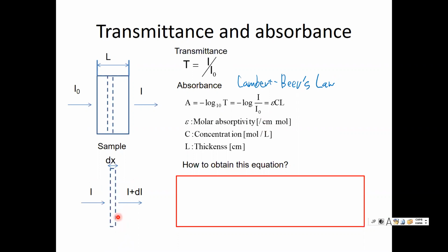Please think like this: if you have a very thin layer of your sample with the thickness of dx, and the input light intensity is I, then the light intensity changes to I plus dI. From this relation you can solve the differential equation to obtain this equation. So please stop the video for a while and make an equation.